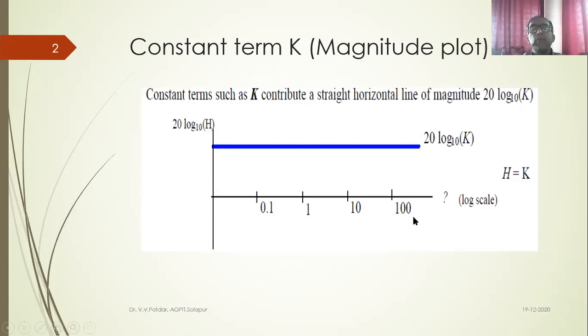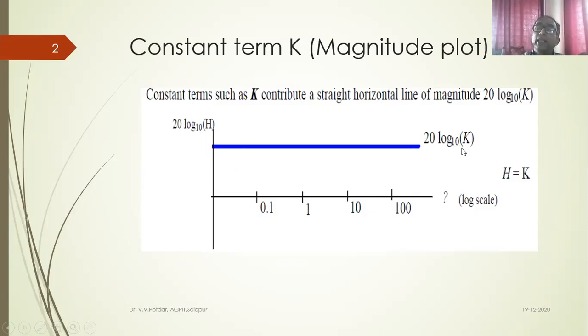On the x-axis, I have the logarithmic scale of frequencies: 0.1, 1, 10, 100, 1000, 10,000, like that. I'll have the scaling on the x-axis. So for a constant term k, the magnitude plot is a straight line, which is above this omega scale, on the positive side of the decibel scale.